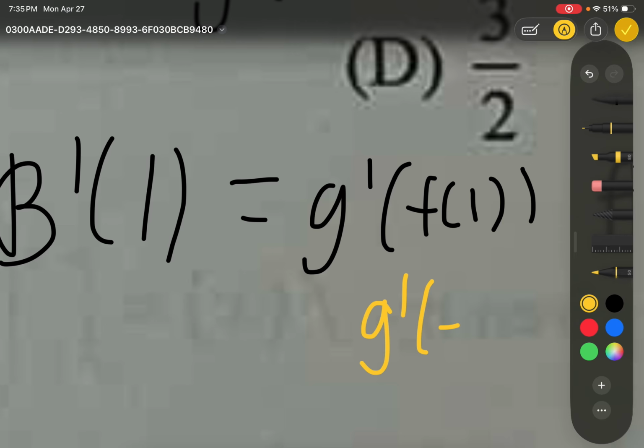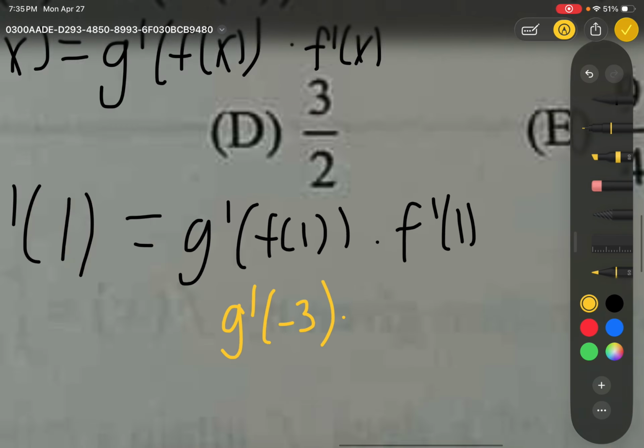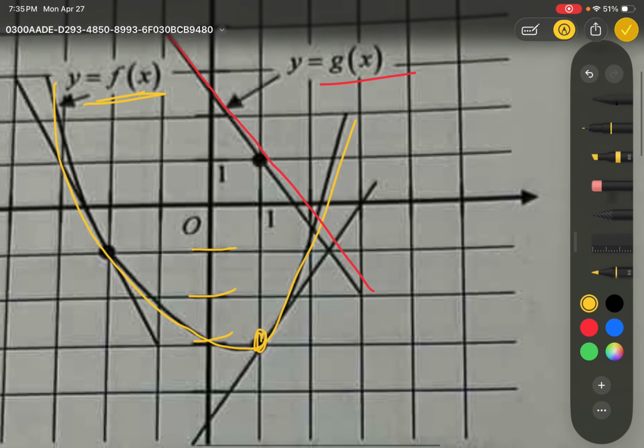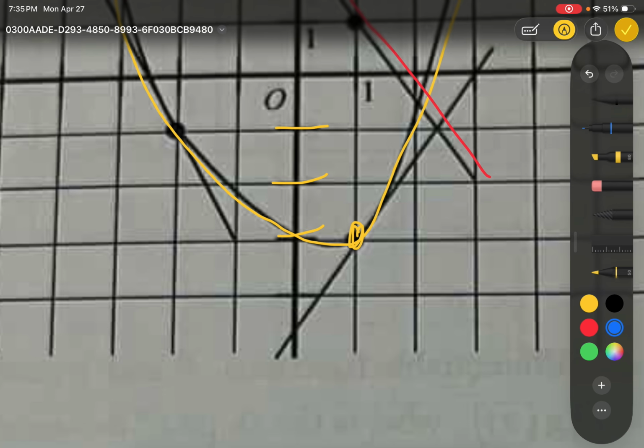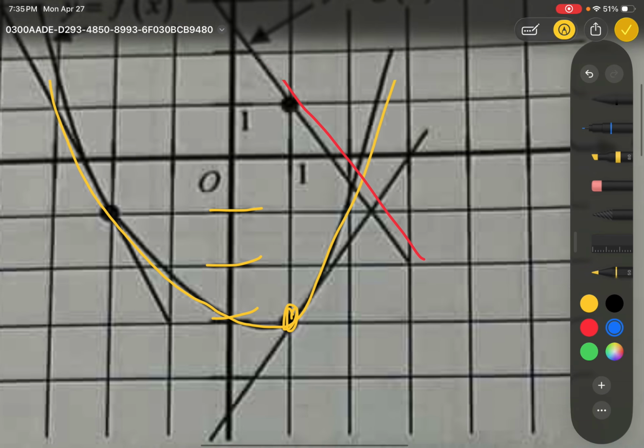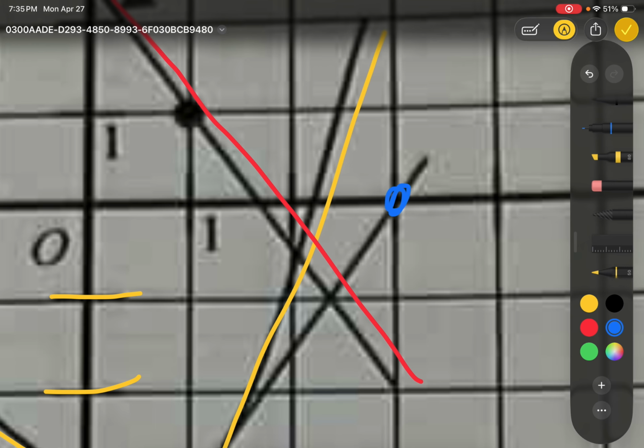So it's going to be g prime of negative 3 times f prime of 1. For the slope here, let's do a slope-intercept equation. Let's look for another point that this graph touches. It's this point.